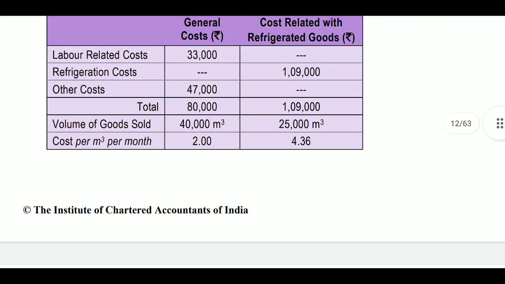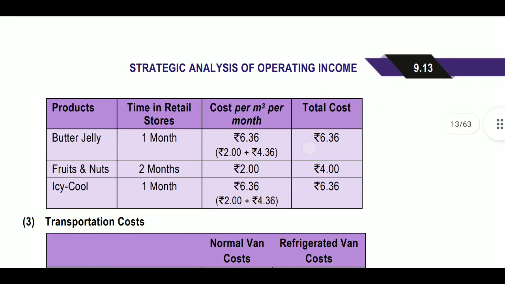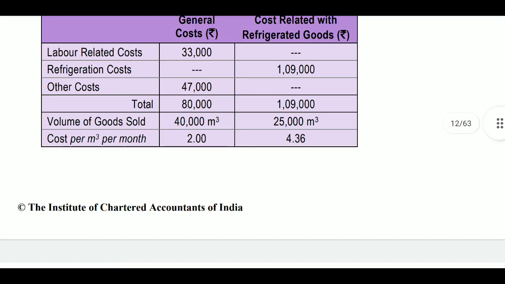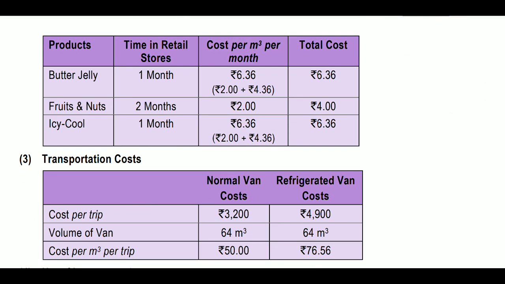So they provided the retail cost 4.36, 2 plus 4.36, and for fruits and nuts we will not take it, because they provided only butter jelly and ice cools. For this 4.6 we do not take for refrigeration. Refrigeration is required only for butter jelly and icy cool items.